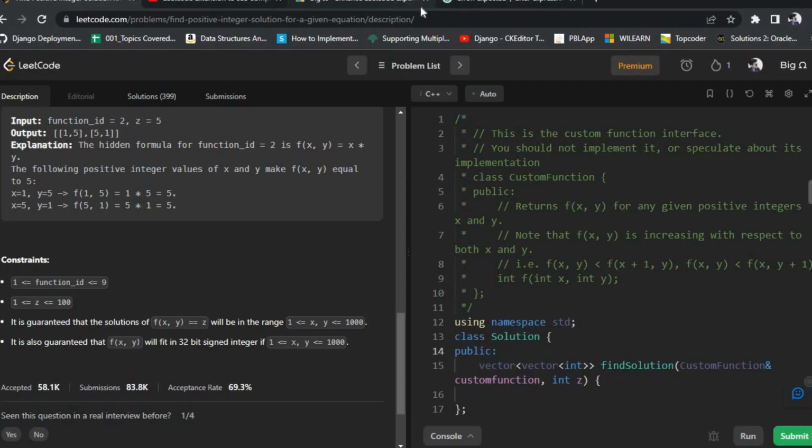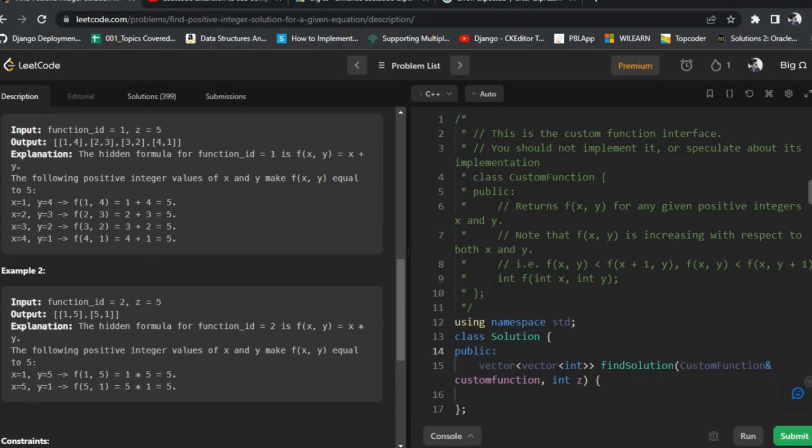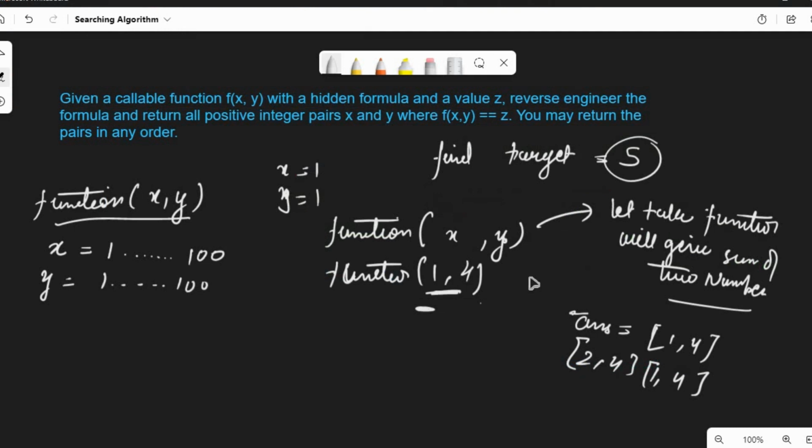In the answer here we can see that this is in increasing order: the first element is 1, then 2, then 3, then 4. So we use this order. For this function we got the answer 1, 4.